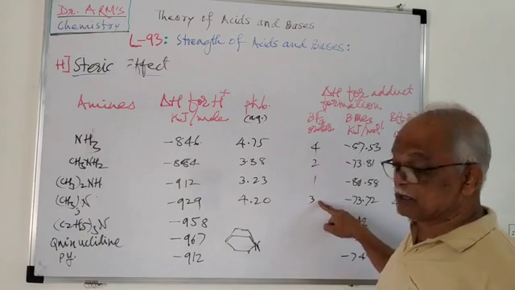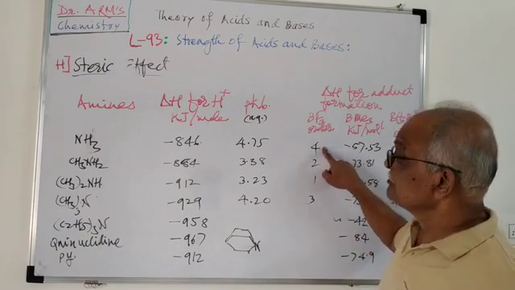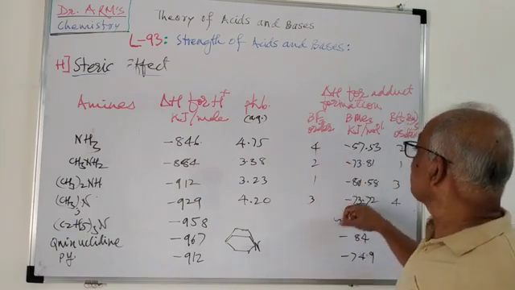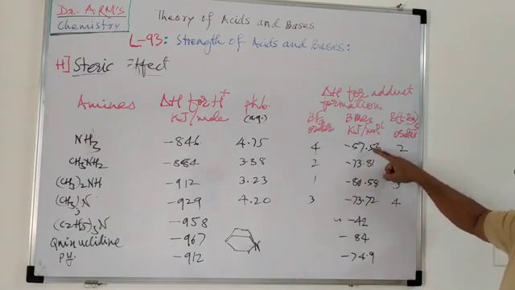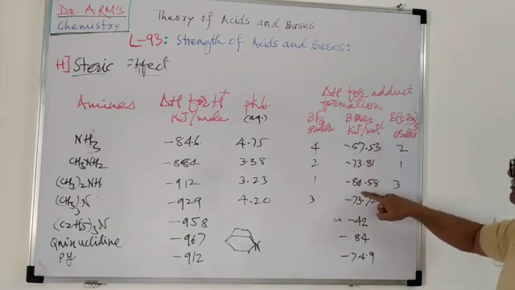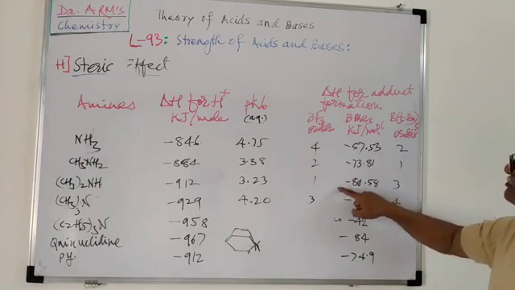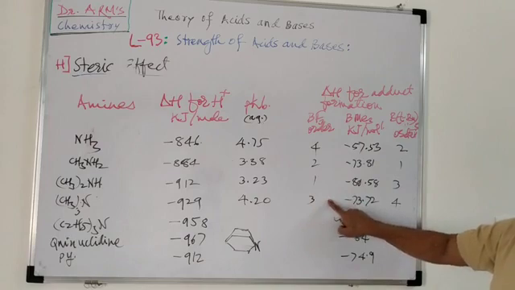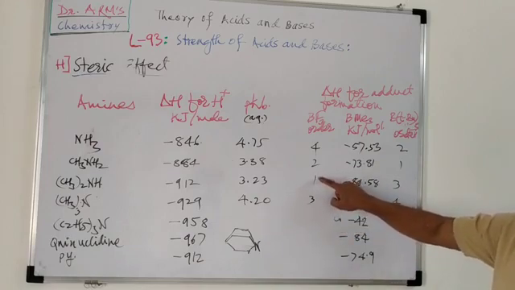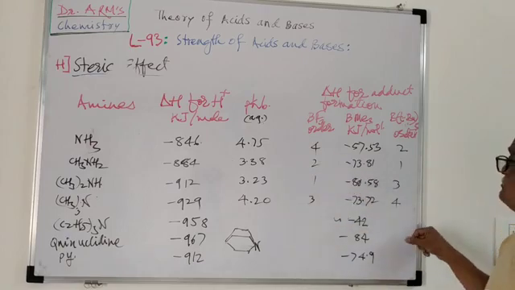Then next is Me3N. Then ammonia. And the BMe3 has values like this. So these values are increasing here. It is more. So it is supporting these values. You will find here that these values are supporting here. So for this order 1, 2, 3, 4.